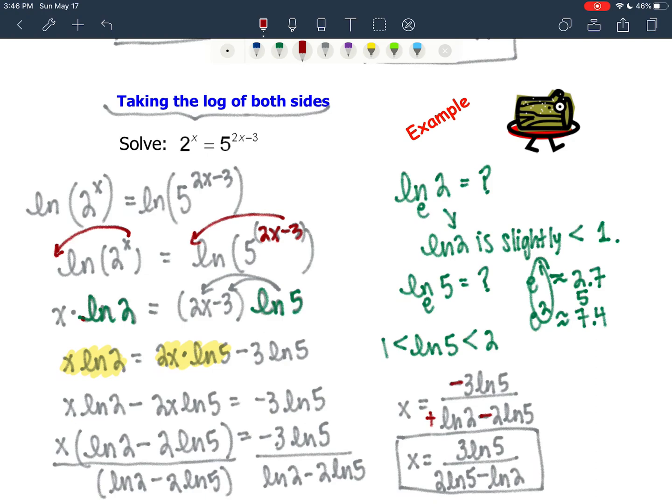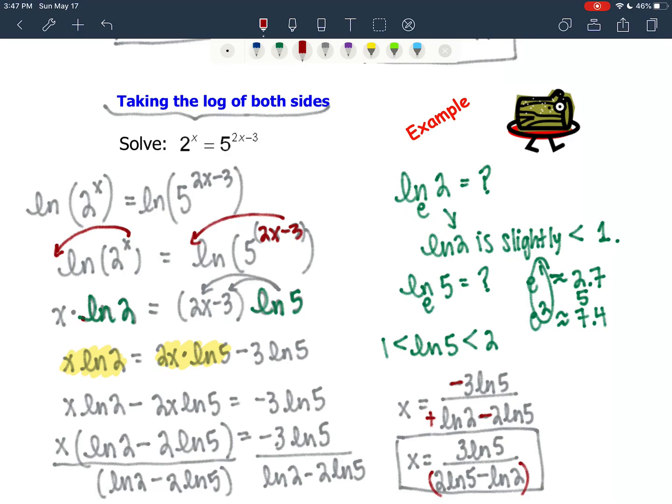So for etiquette purposes, they're going to change each one of those signs and give you the answer that I've boxed: 3 times the natural log of 5 divided by all of 2 natural log of 5 minus the natural log of 2.